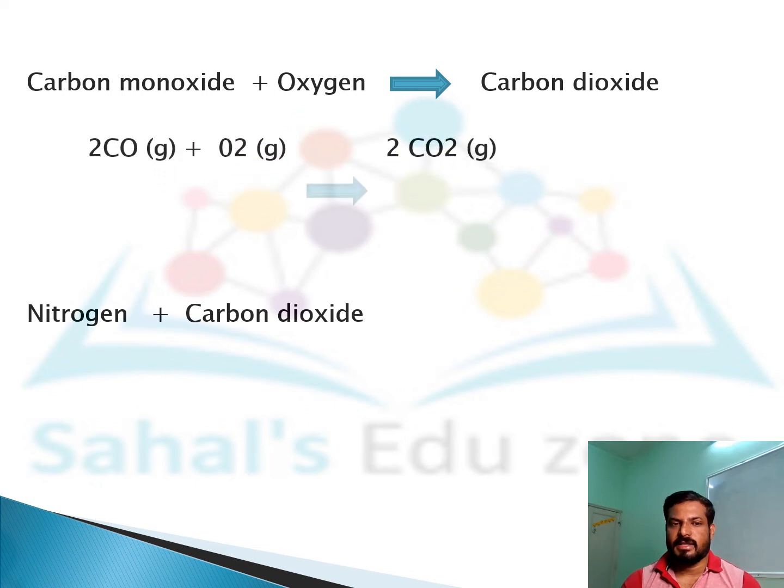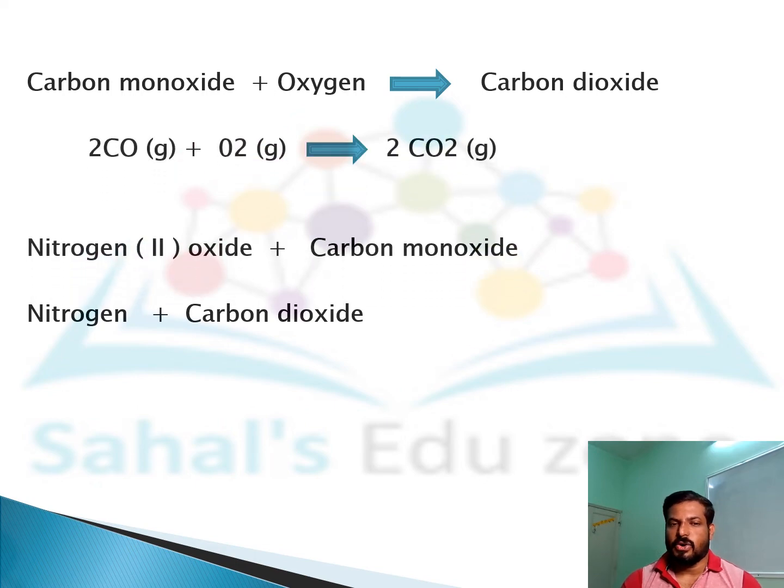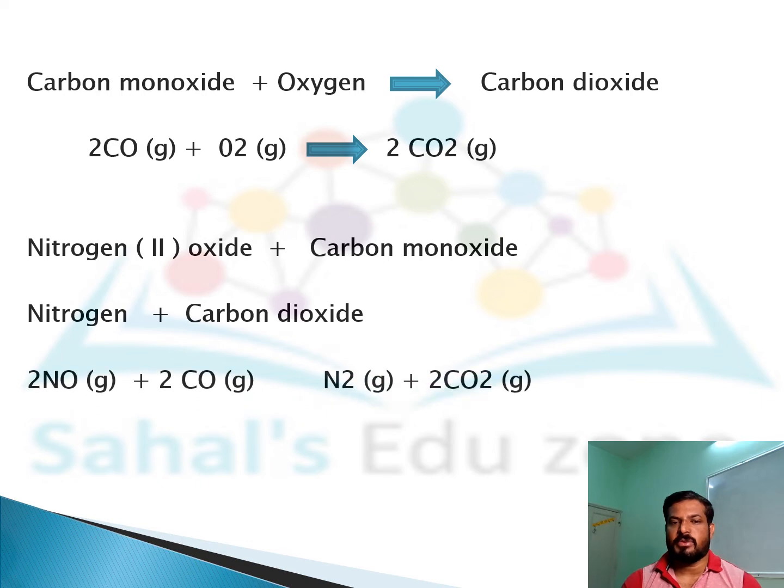Nitrogen oxide combines with carbon monoxide to form nitrogen and carbon dioxide. Equation: 2NO plus 2CO gives N2 plus 2CO2. So in catalytic converters, first of all, carbon monoxide is converted to carbon dioxide, and oxides of nitrogen are converted to nitrogen.